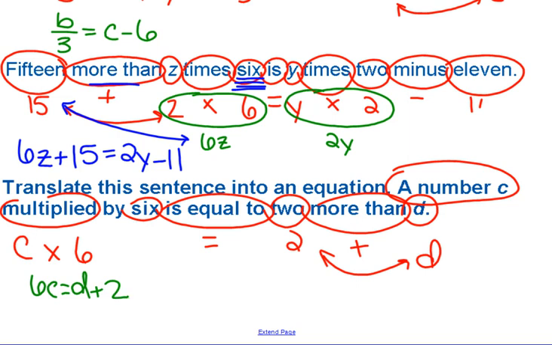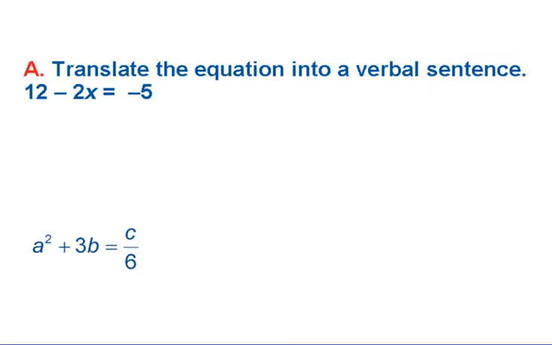Okay? Let's look at it the other way around. Here, there's a number of different ways to translate this equation into a verbal sentence. For subtraction, you could use decrease, you could use minus, you could use difference, you could use less than. Okay, so there's a number of different correct ways we could say this. One of them might be 12 minus 2 times the number x is equal to negative 5.